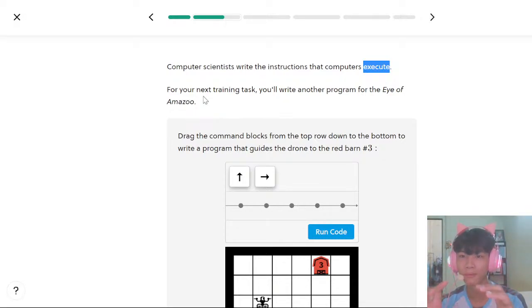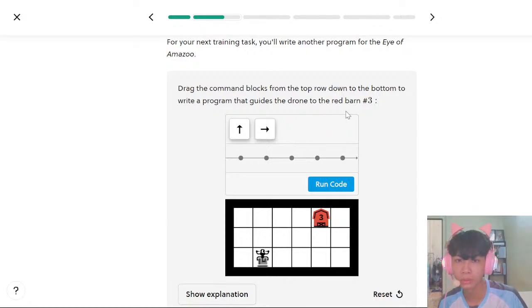So yeah, for your next training task, you'll write another program for the drone. Drag the command blocks from the top row down to the bottom to write a program that guides the drone to the red barn. Here, simple.